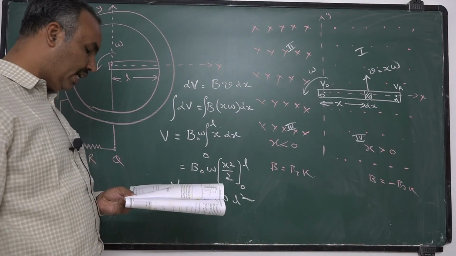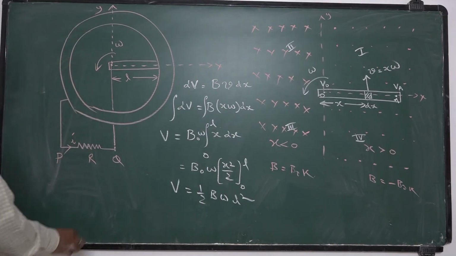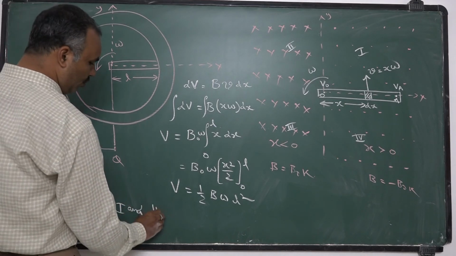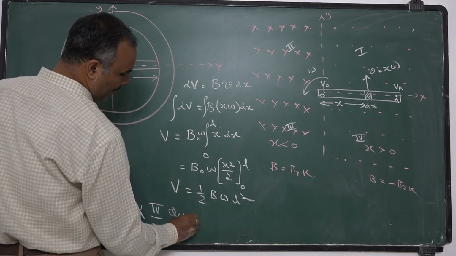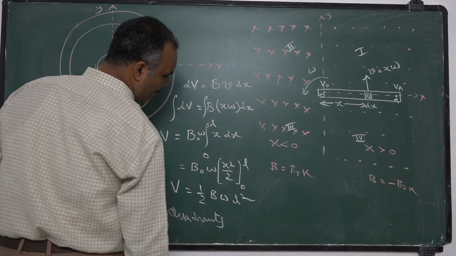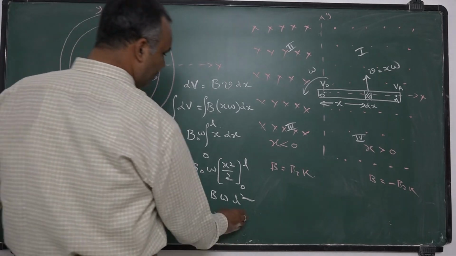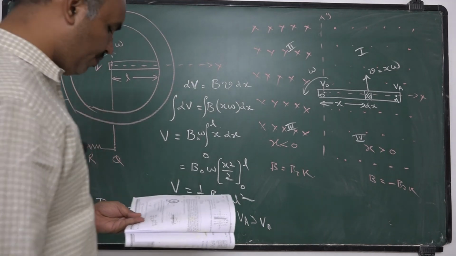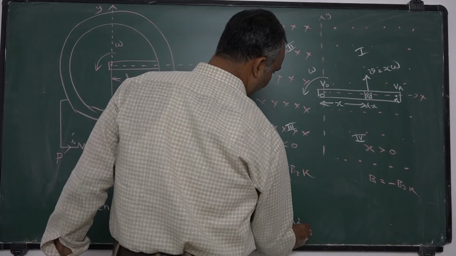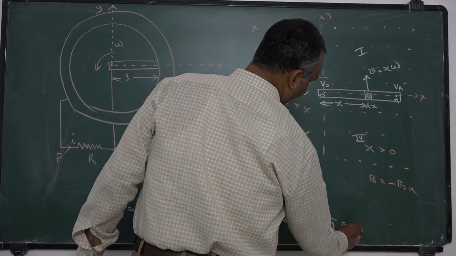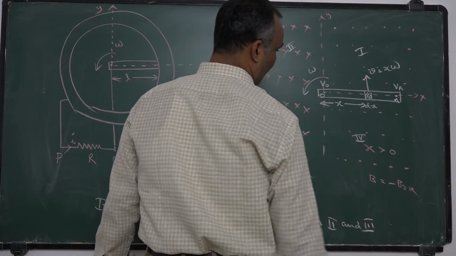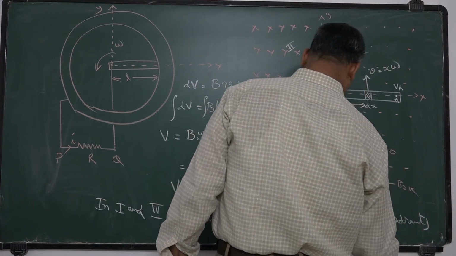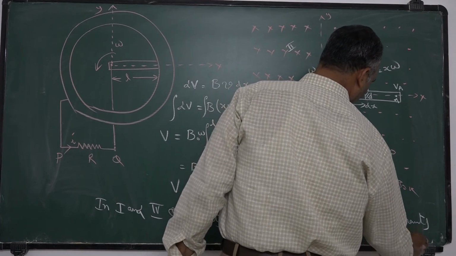So I should write like this: in the first and fourth quadrants, VA is greater than VO. And in the second and third quadrants, VA is less than VO.